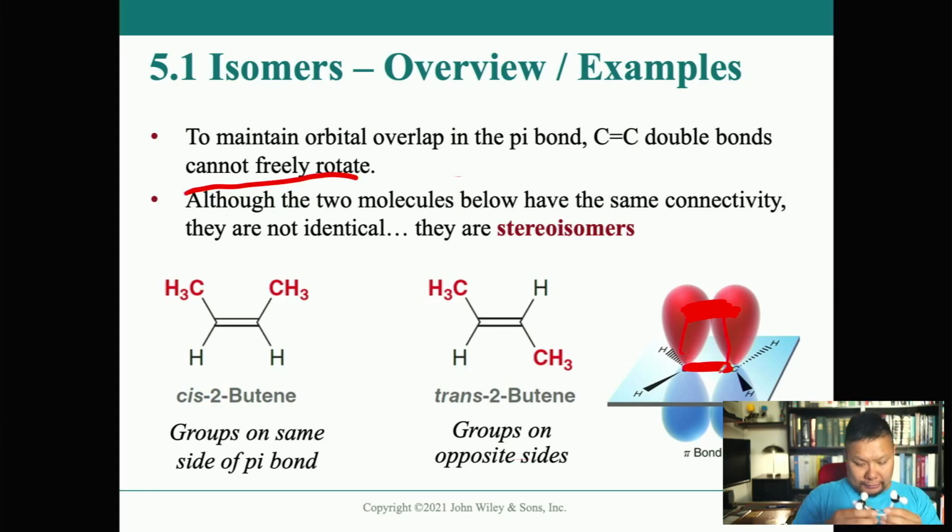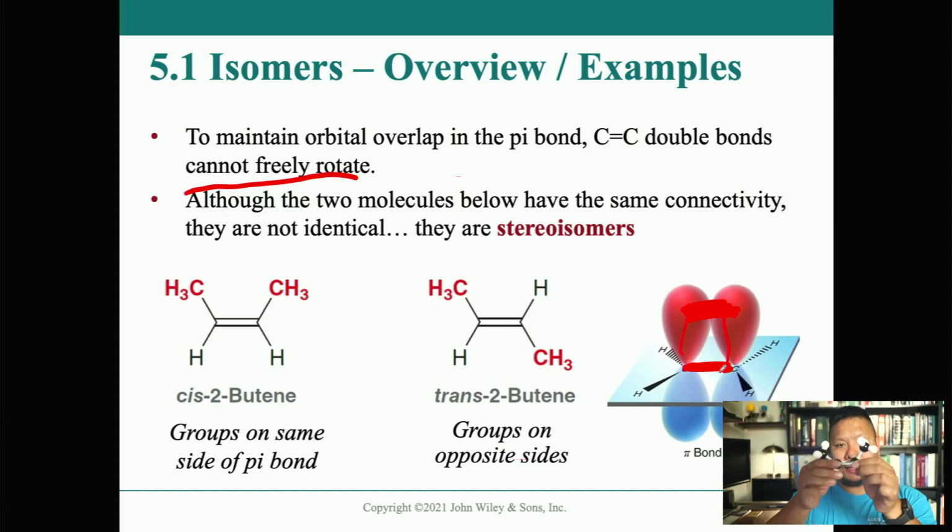Okay. So here we have butene. If I turn it like this, you can see that it has a double bond right there. Just imagine that one of these bonds is the sp2 hybridized sigma bond, but this other one is the overlap of the p orbitals, making it a double bond.